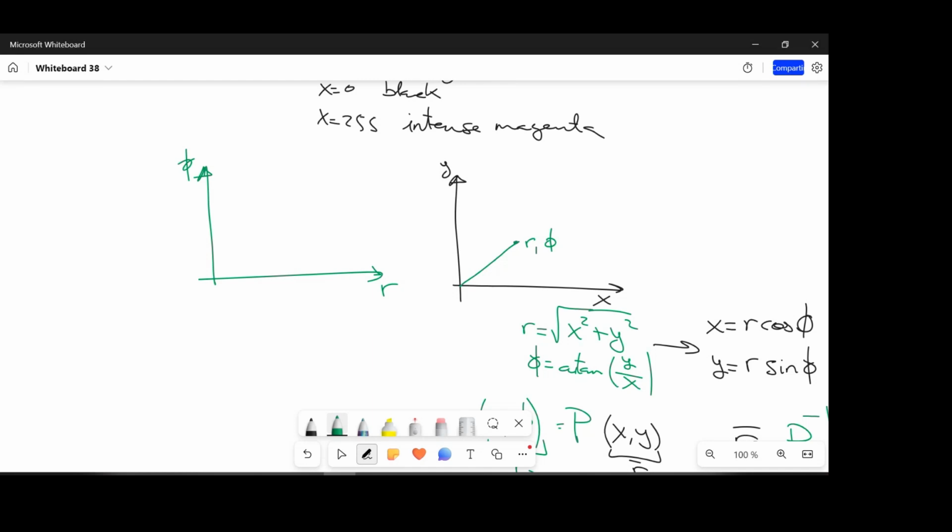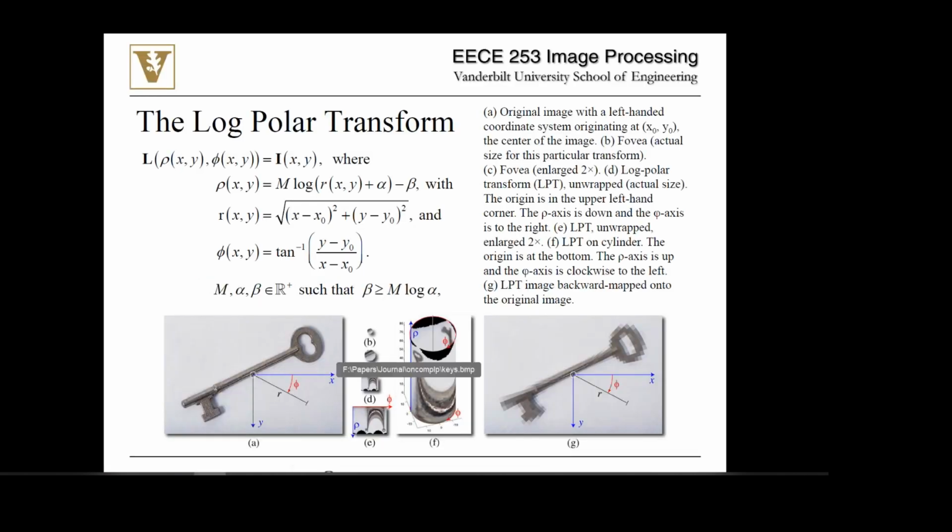And then I can say the image at this point, at this R phi, is the same value that is coming from that, that is I. This is what this equation says. So the image at this point has the same value as the input image, the Cartesian one, but we have made a change of axis.